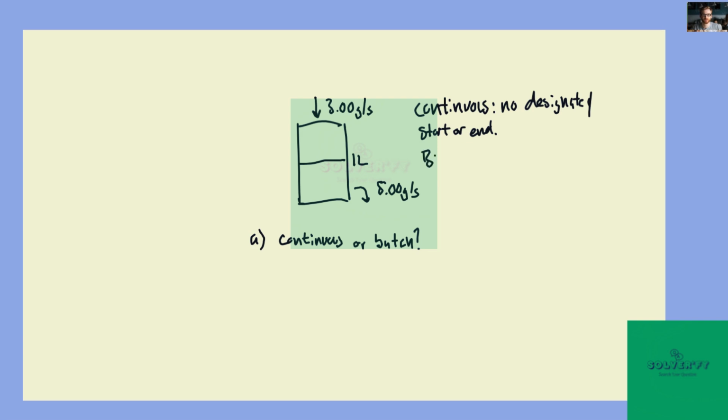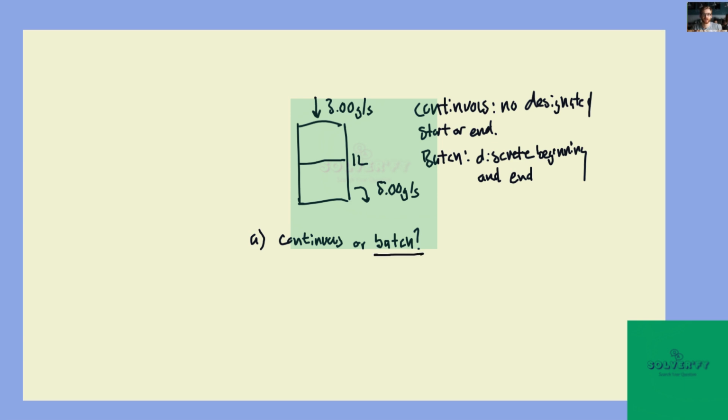In contrast, batch processes have a discrete beginning and end, right? So you can say, oh, when I make this molecule, it takes 3 hours to run the process. So by that definition, if we know that this tank will initially drain, as the problem statement states, and that we can calculate how much time it takes, this must be a batch process.